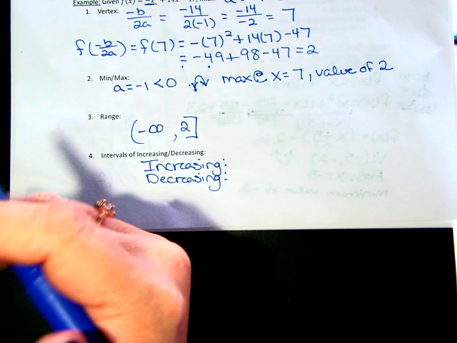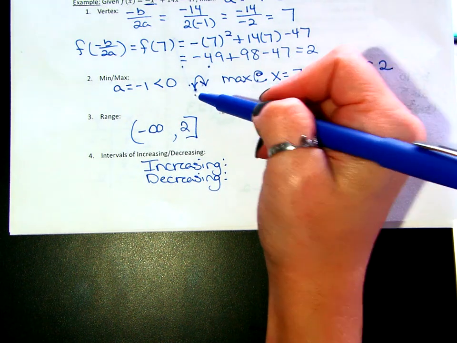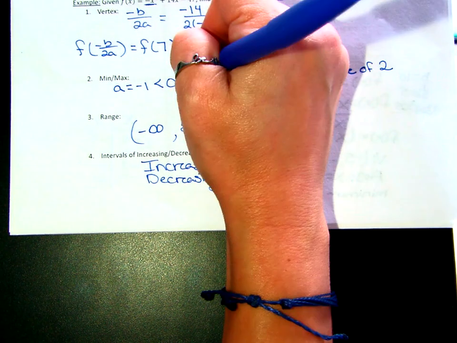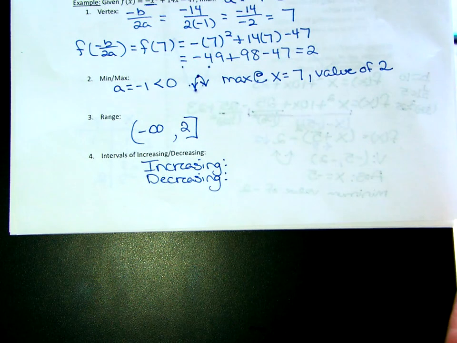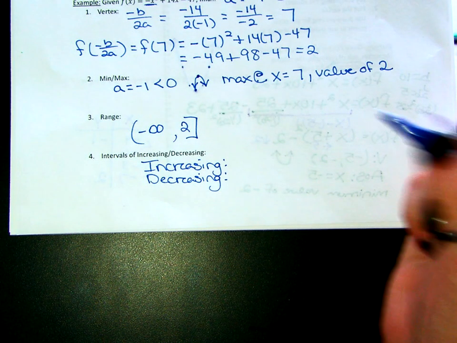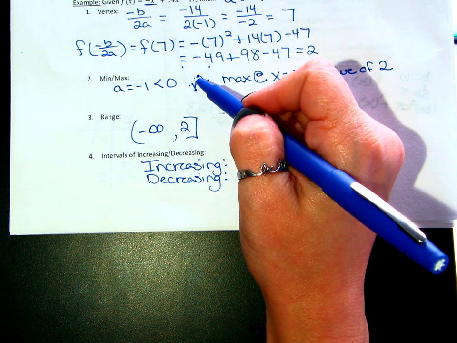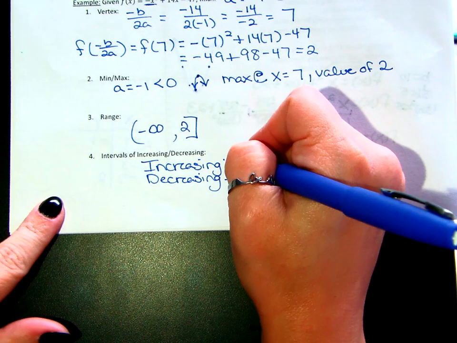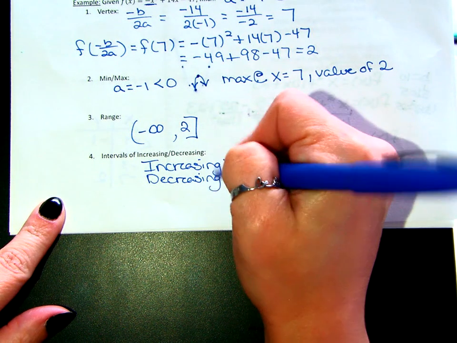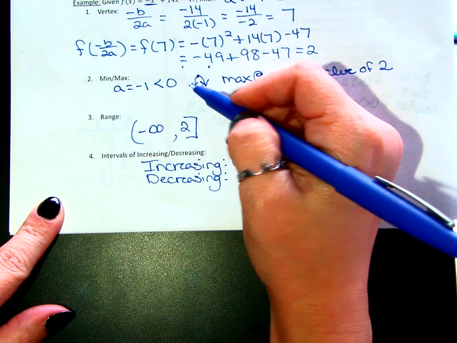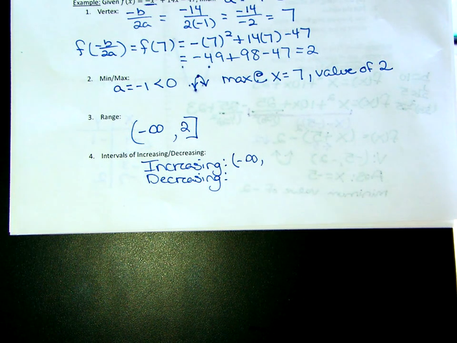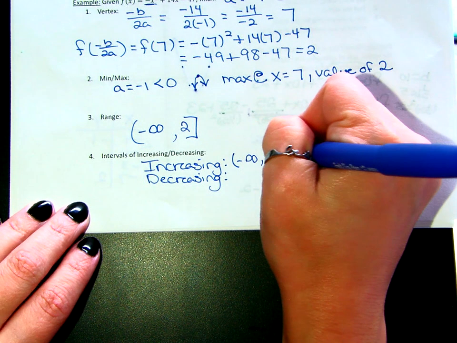So if we think about our graph, it's going to be kind of divided between the left half and the right half with the vertex in the middle. So on the left side of our graph, notice we are increasing. So it increases. This is going to affect our x's. It increases from negative infinity until we hit what x value? 7. Do we include that 7 or do we leave it with a parenthesis?